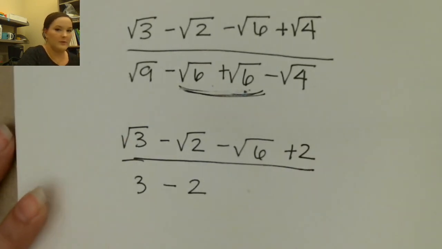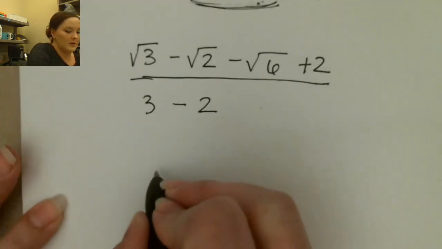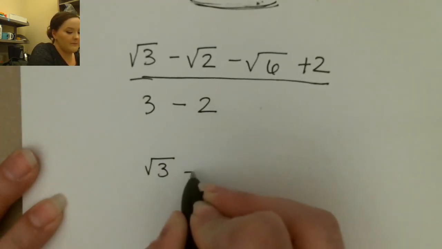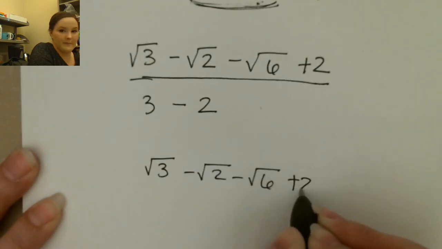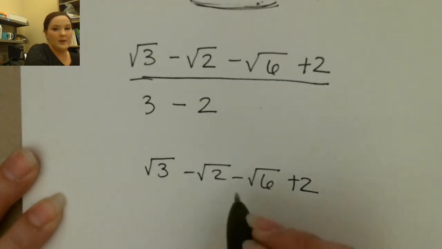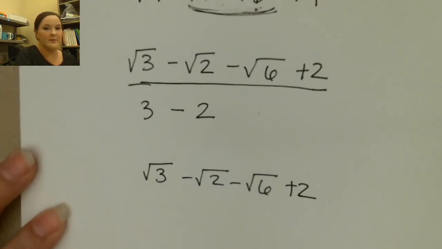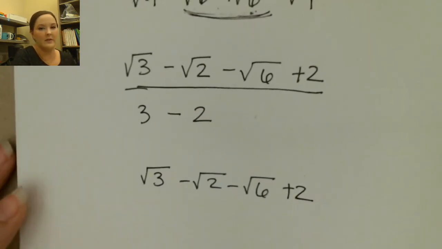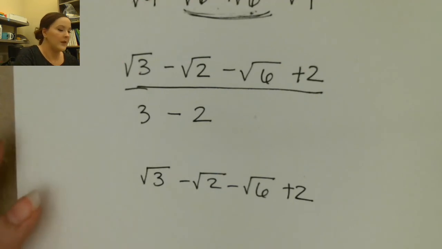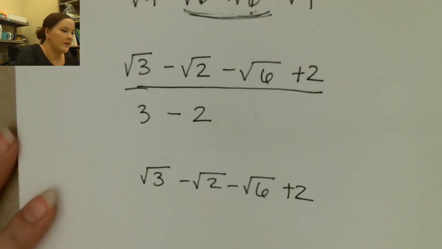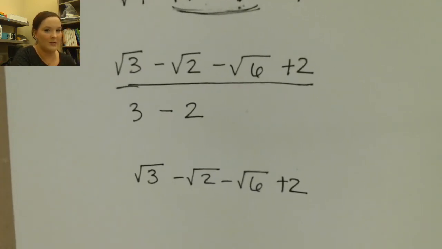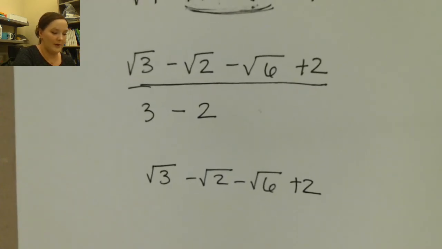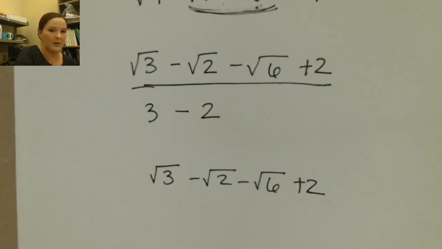So 3 minus 2, of course, is 1. Then we don't need to put over 1, so this would be our final answer. That's an example of how you can use the conjugate method to get a rational expression in the denominator where you aren't having a radical at all.